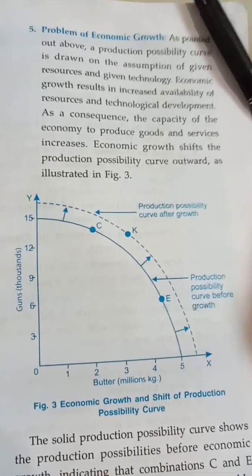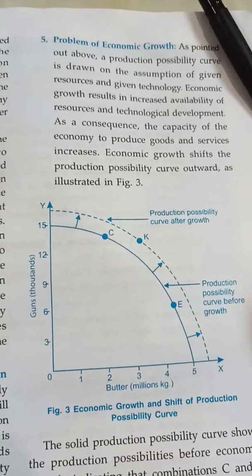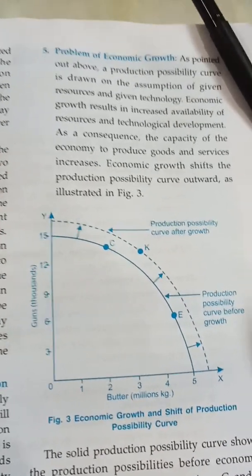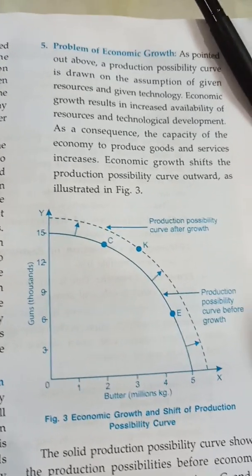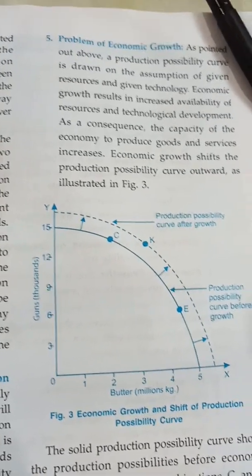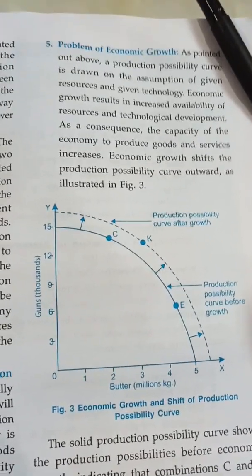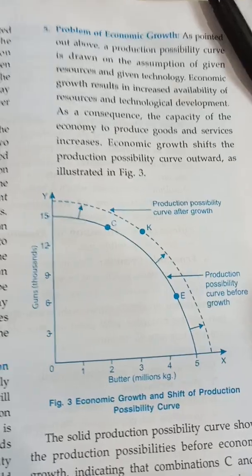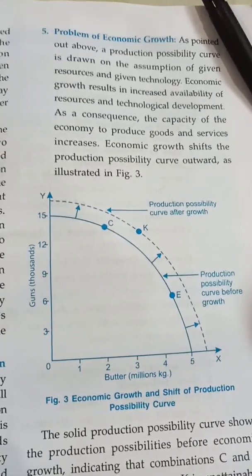There's a rightward shifting. Why? How can this happen? When the resources in the country increase, technology becomes better: more resources, better technology. That means the workers in the country are able to produce more, and they can earn more.